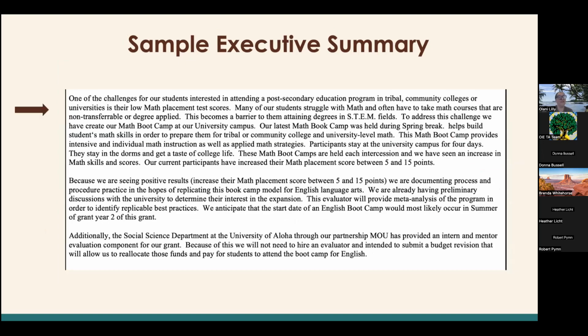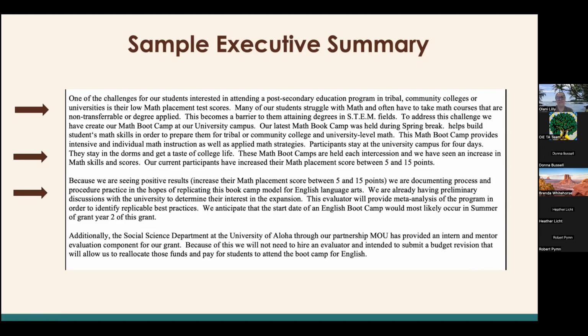This is us looking further into the executive summary sample. Here you can see that the project director provides additional context for activities, including an example of a math bootcamp that they're providing. Another key piece of information shared is challenges in the data and what types of interventions or solutions the program is putting in place based on the data that they are collecting.